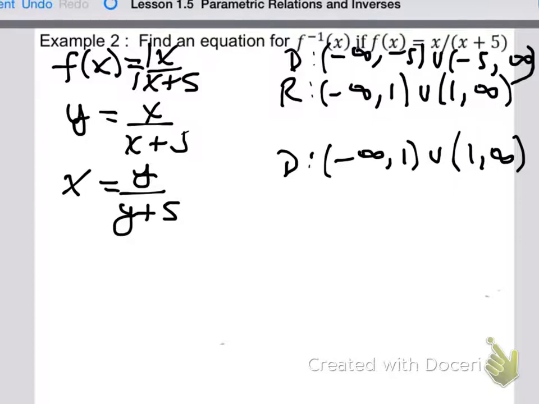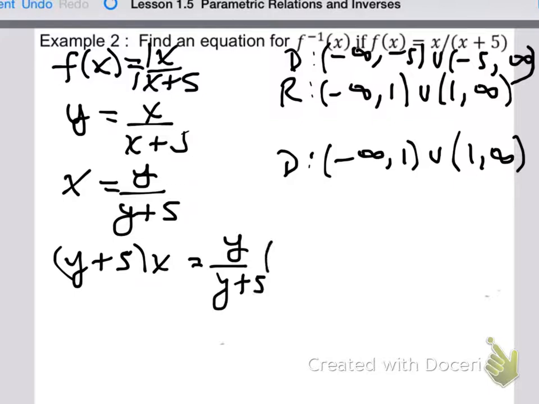Now, I'm going to go ahead and solve for y. So I'm going to multiply both sides by y plus 5. So I have y plus 5 times x equals y over y plus 5 times y plus 5. So this cancels. Distribute the x, so I have y times x plus 5x equaling y.